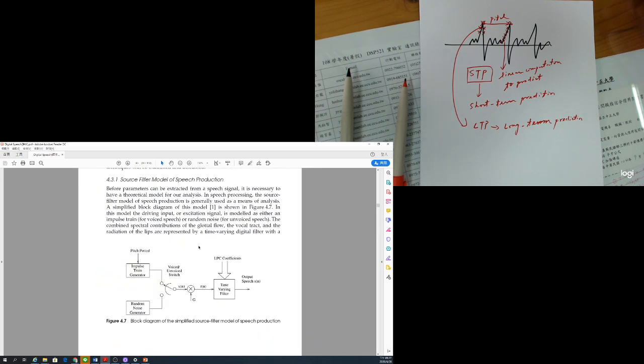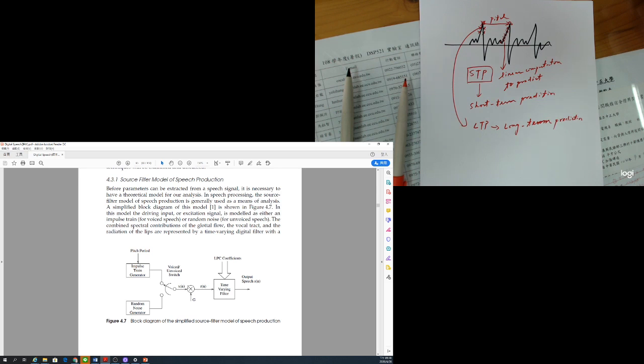So this one is what we call the source filter model. We have a trigger, a pitch signal, and this one is for voice. Unvoiced is more like random noise. We have a gain here, and sometimes you keep silence, sometimes you have some voice.